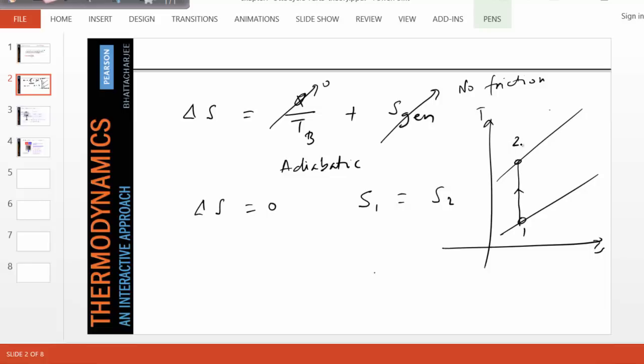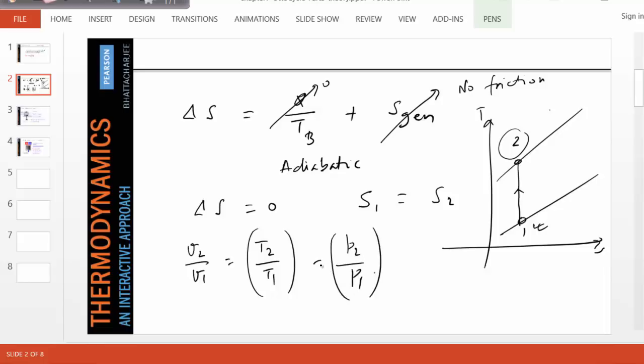So state 1 is completely known, and state 2 therefore can be found because if the process is isentropic, we know that the volume at 2 divided by volume 1, temperature at 2 and temperature at 1, pressure at 2 and pressure at 1, etc., are connected by some kind of function of k.